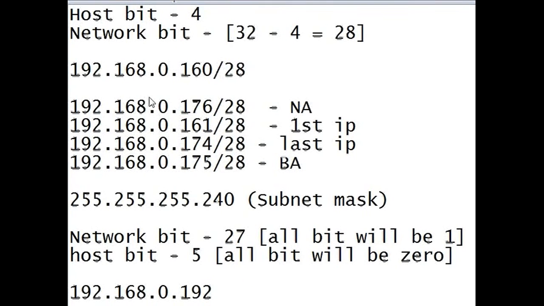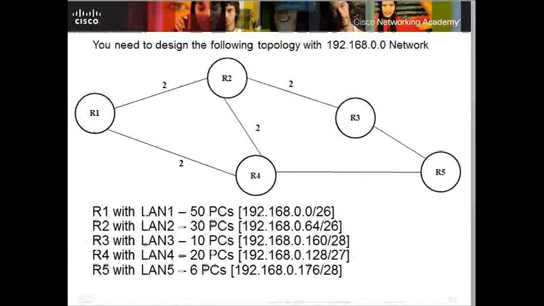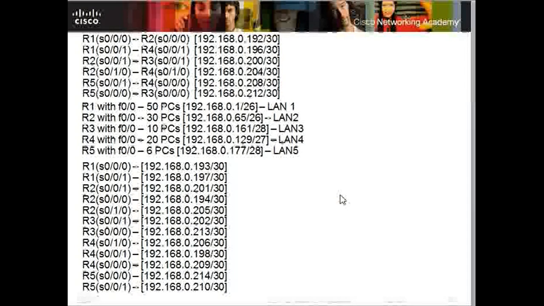So till 192, this is 176 till 191 it will be. So this is my subnetwork. So my first IP will be, this is my network address, my first IP, last IP, broadcast address, and this is my subnet mask. So next we have 1 2 3 4 5 6 different networks.